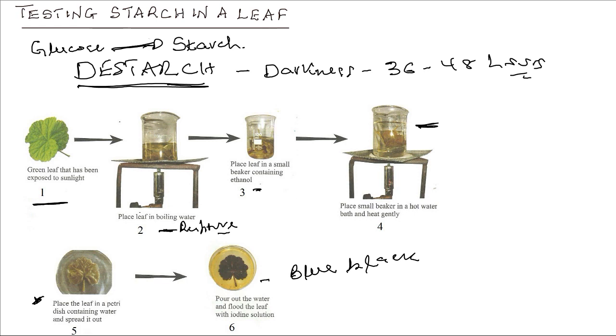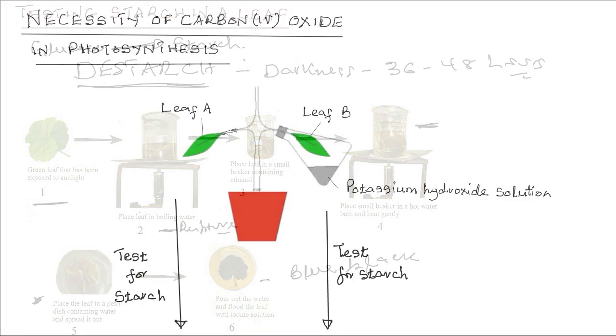To discharge is to remove all the starch from the plant, especially in the leaves. After the period of 48 hours, the plant is set up as indicated in the diagram.